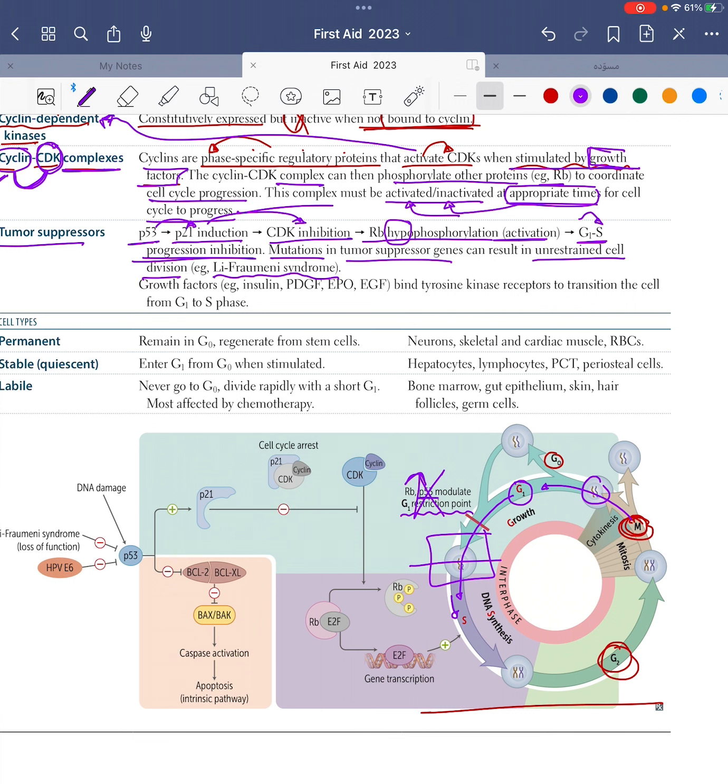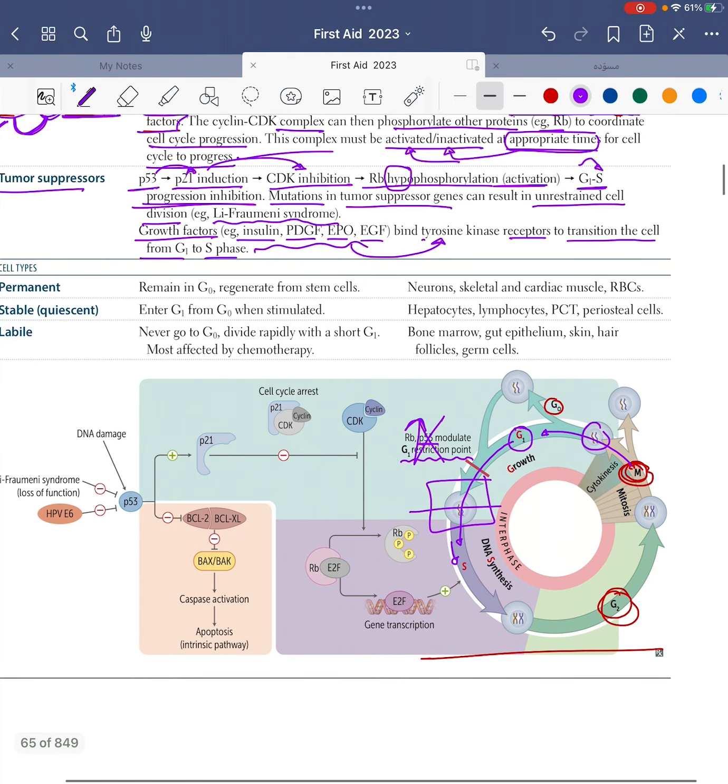We also have the growth factors, just like insulin, PDGF, EPO, and EGF. All of these growth factors bind tyrosine kinase receptors to transition the cell from G1 to S phase. So there we have some receptors called the tyrosine kinase receptors, and they are activated by the growth factors within the body.